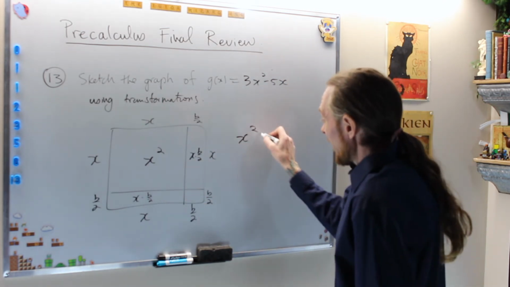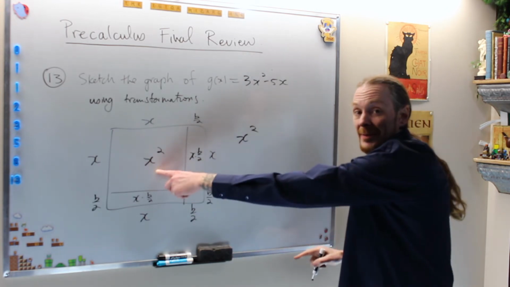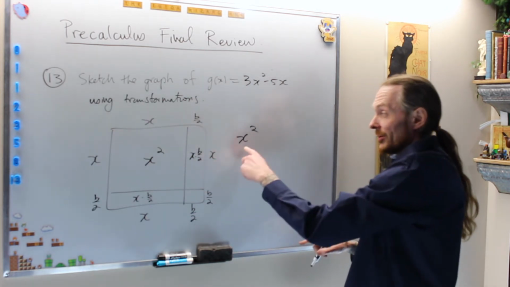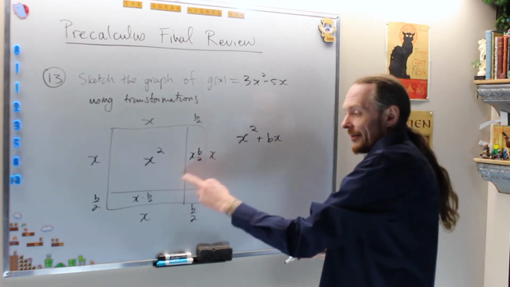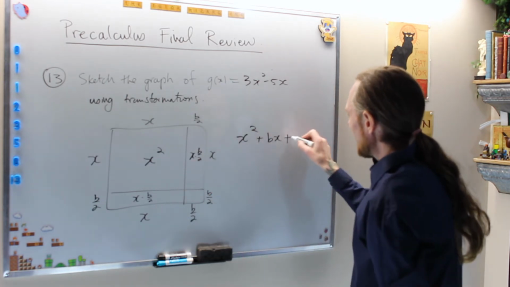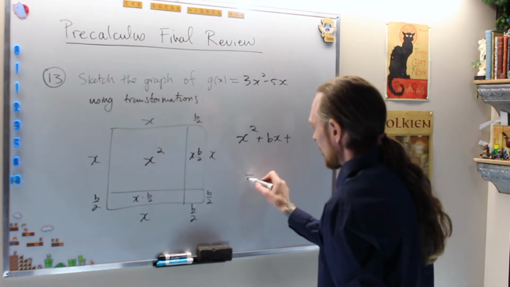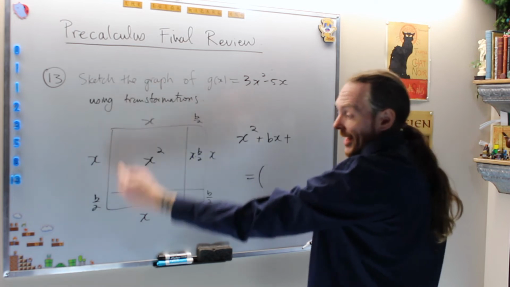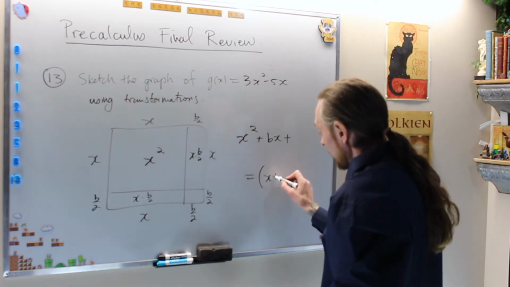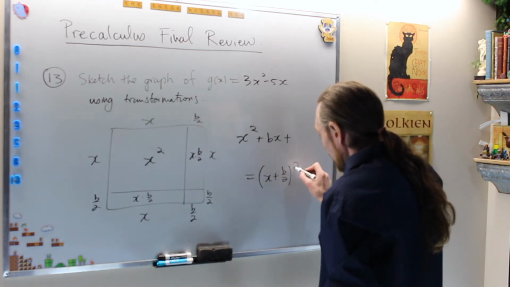So x squared algebraically represents the area of this square, why we called it x squared, plus bx represents the area of these two rectangles. And what would I need to complete this square, which would be the total area of what? What's the side of this? X plus b over 2 times x plus b over 2, or x plus b over 2 squared.